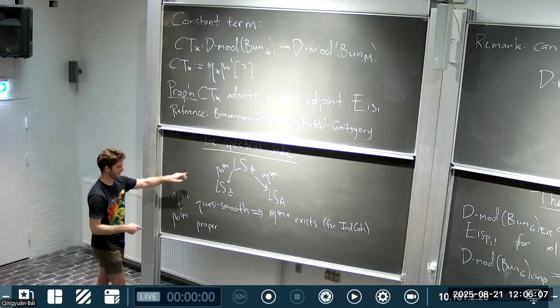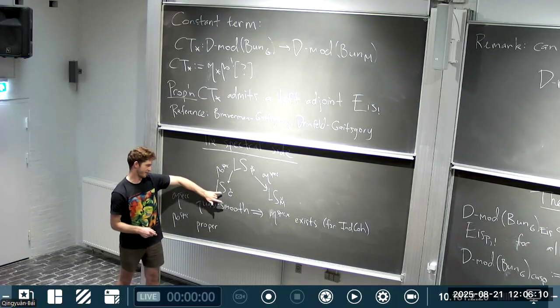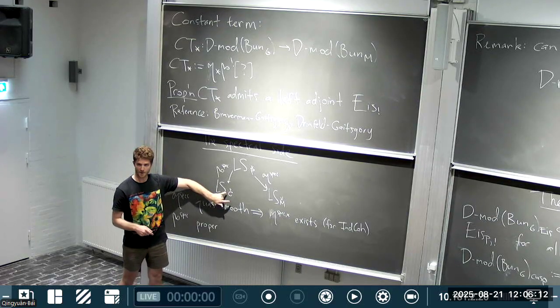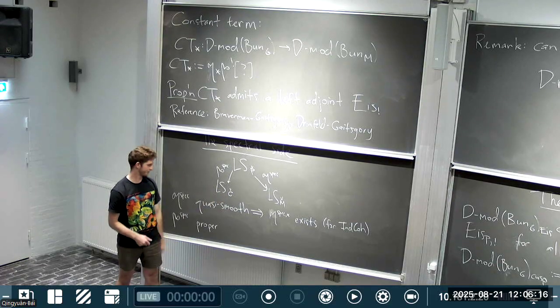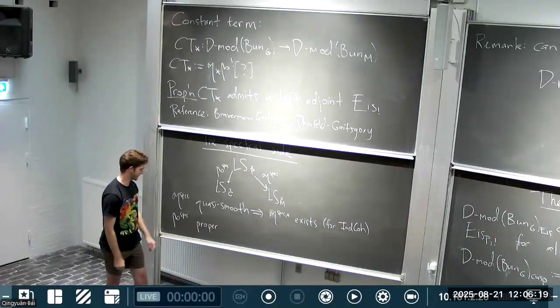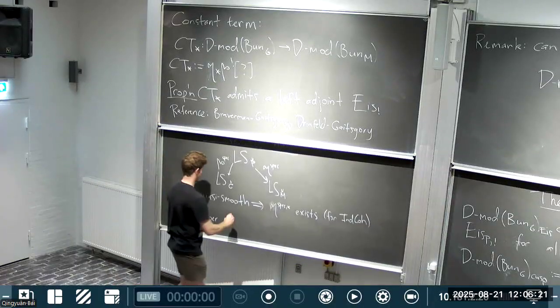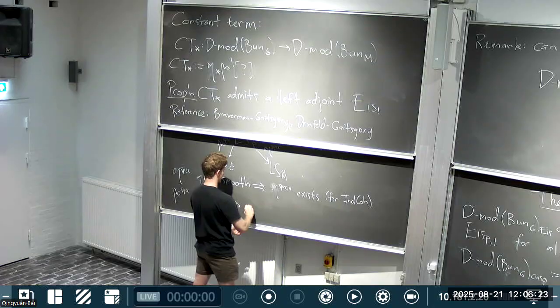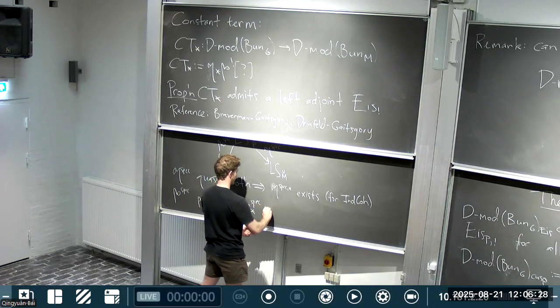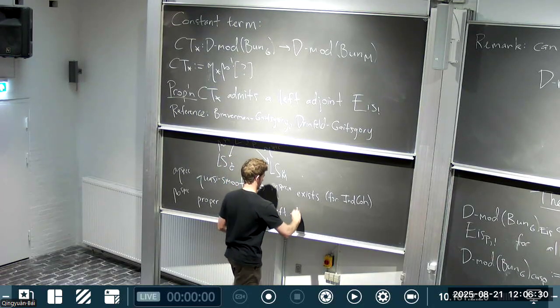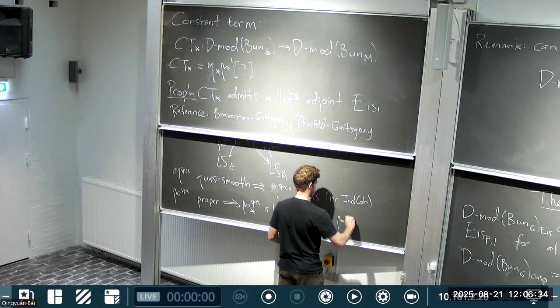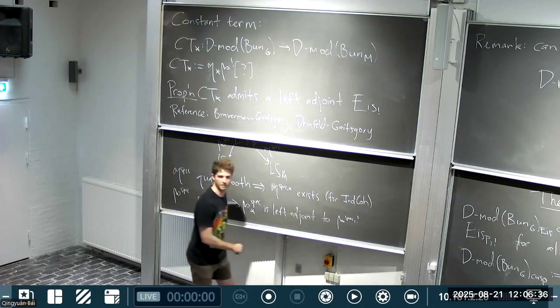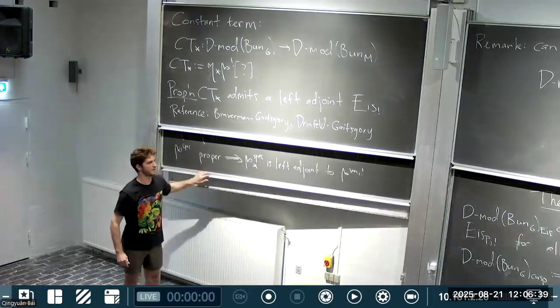But if you think about what the fibers of this map are, for example, the fiber of the trivial local system is just a copy of the flag variety G mod B. The other fibers look similar, so this is actually a proper map, and that implies that P spec lower star is actually left adjoint to P spec upper star. Okay, so these are important observations, and we define these functors.